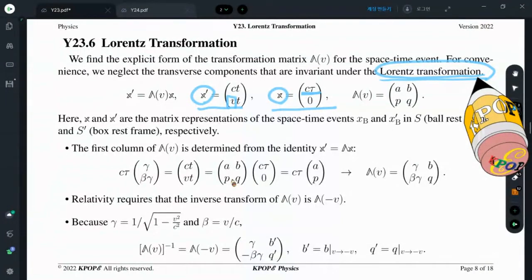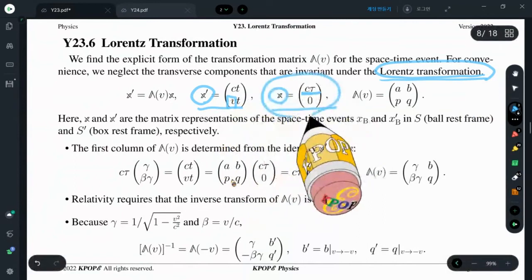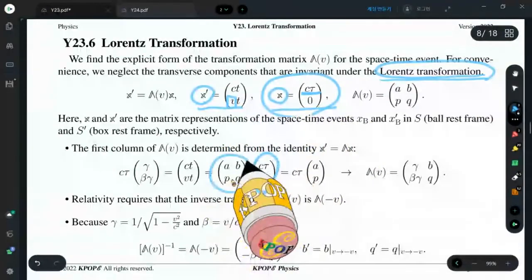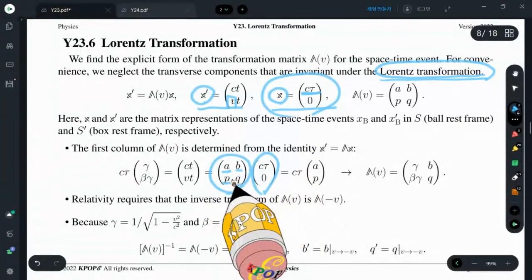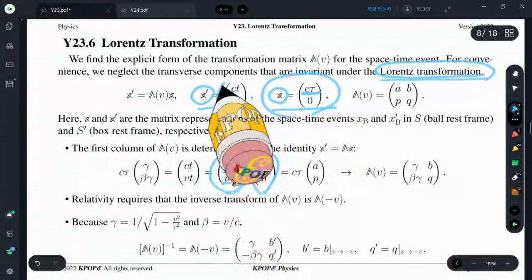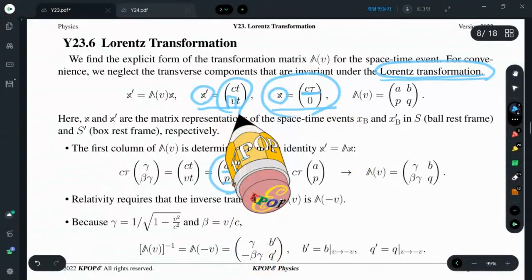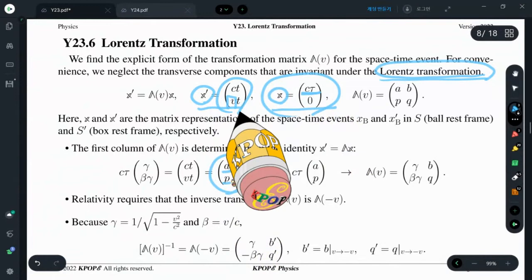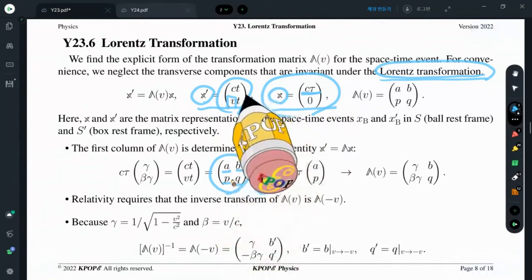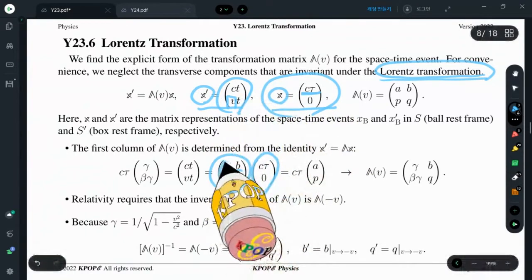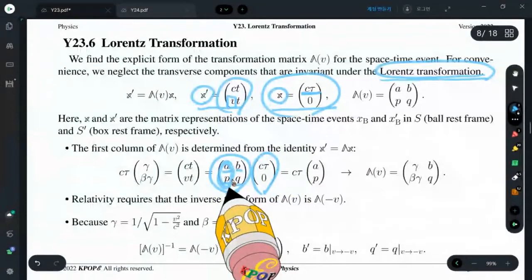It's easy because we multiply this one to an unknown 2 by 2 matrix. The answer must be this. That's what we already proved. So using this fact, we can determine the first column of this 2 by 2 matrix.